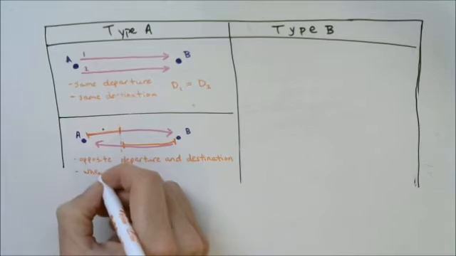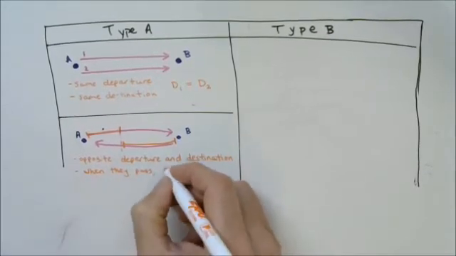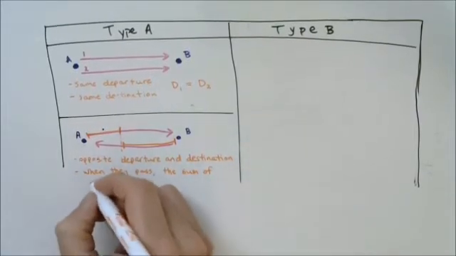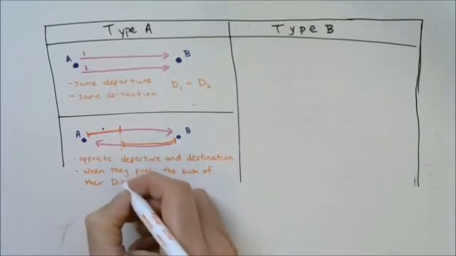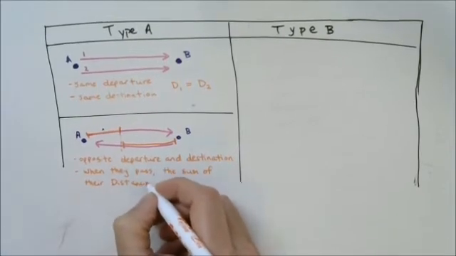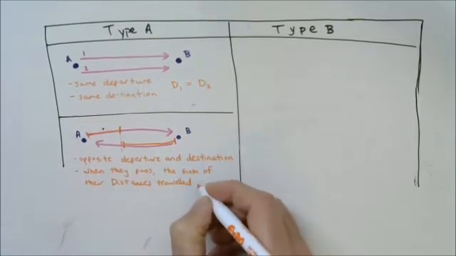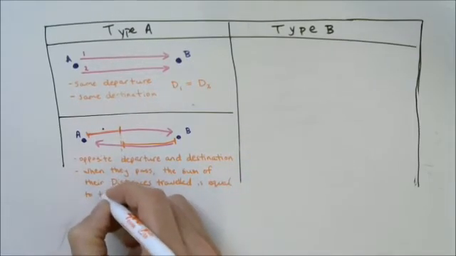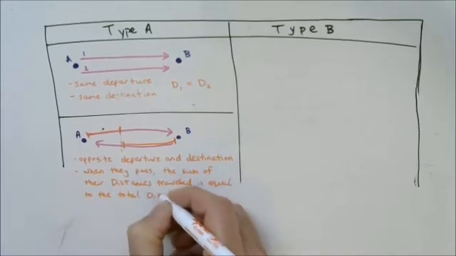And when they pass, the sum of their, I'm going to use capital D just to remind you that that's going to be our variable, the sum of their distances traveled is equal to the total distance.